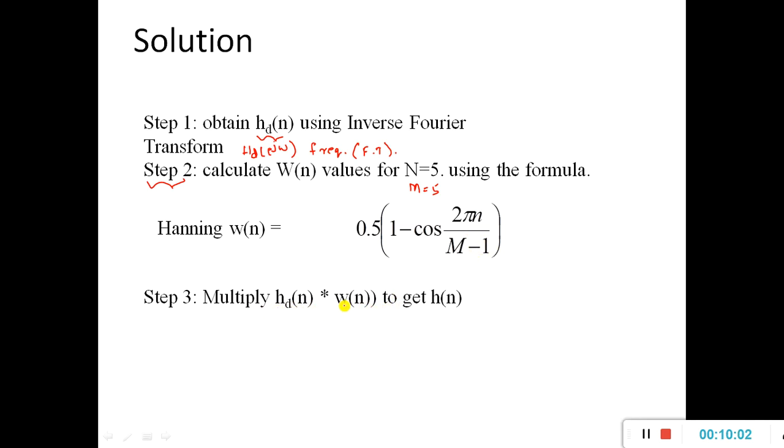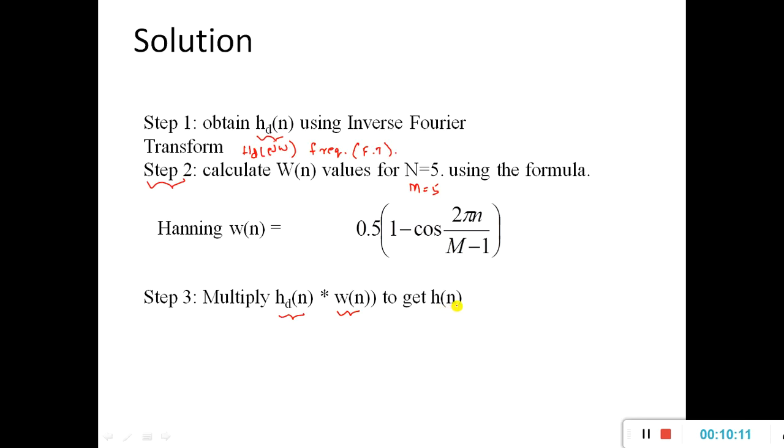Now finally we need to multiply the hd of n values with the wn values to get hn values, right? So let me solve this example here.